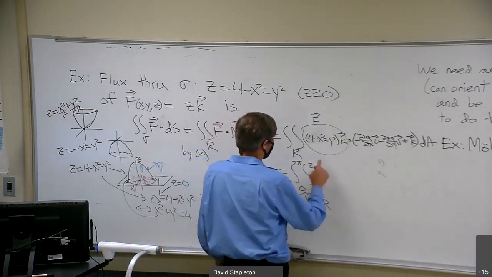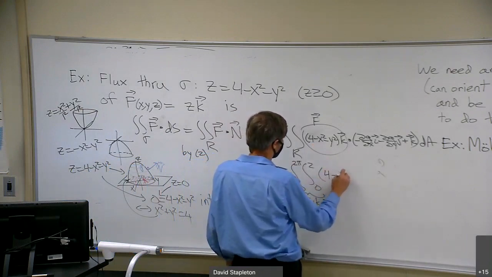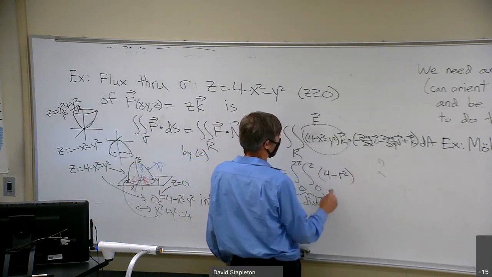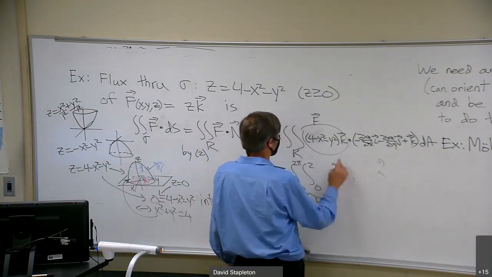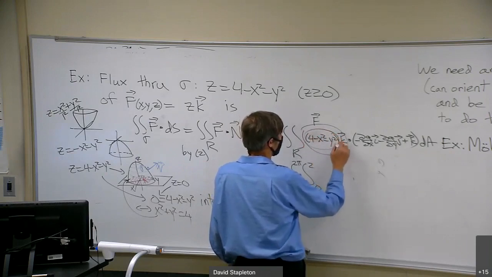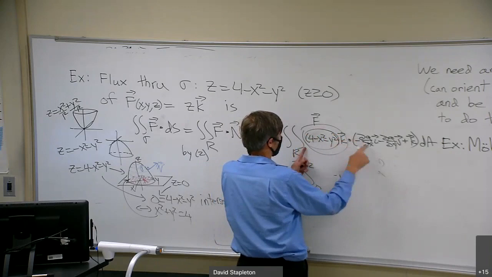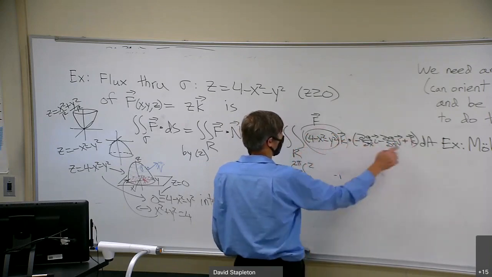4 minus x squared minus y squared can be rewritten as 4 minus r squared. Oh, and I didn't dot product these yet. The dot product is just 0 times this plus 0 times this plus 1 times this.